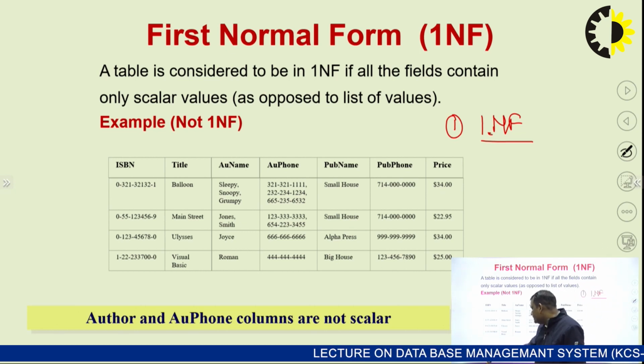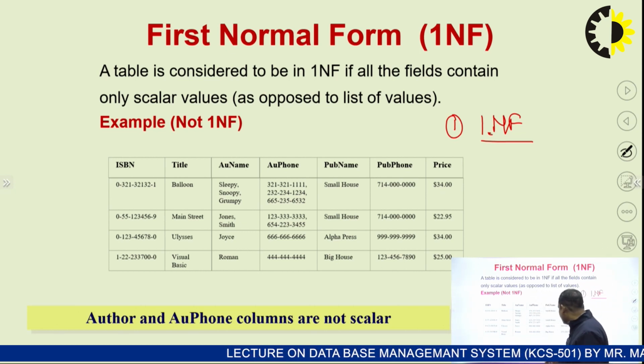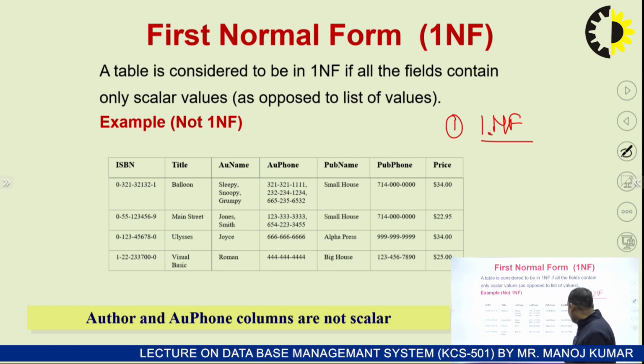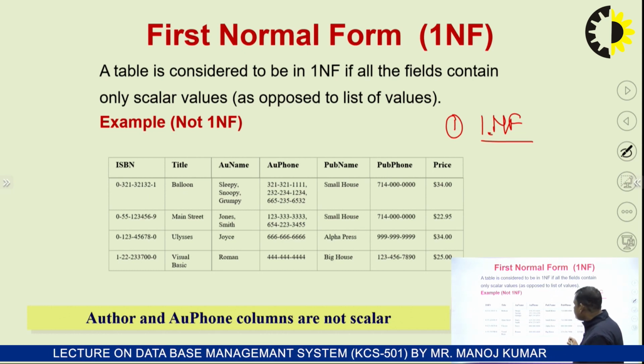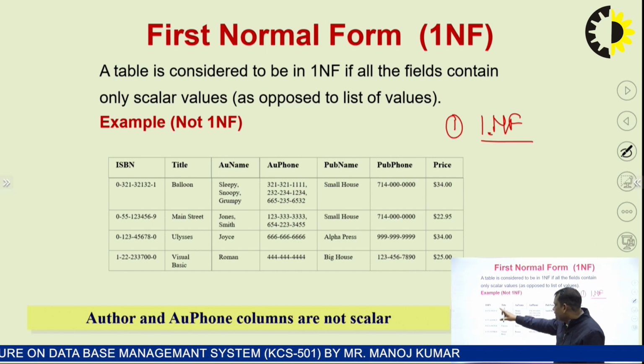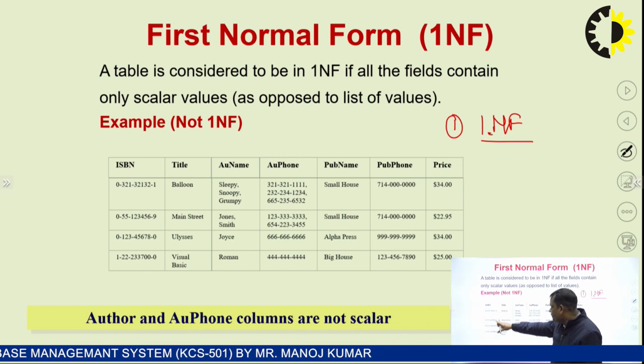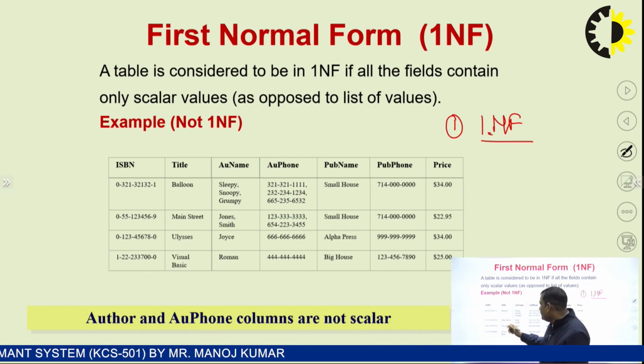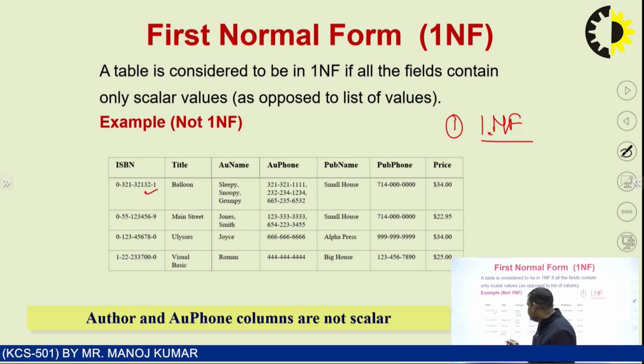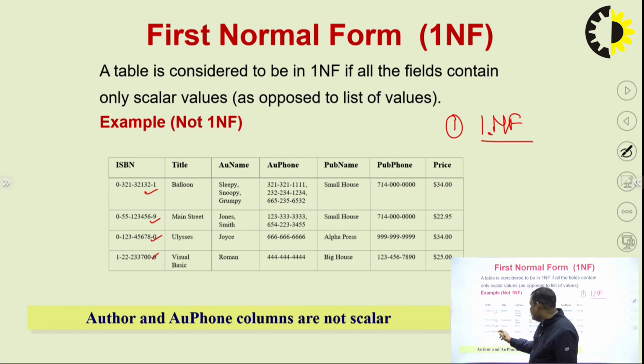The author and publisher columns are not scalar. The first column has a single atomic value, and this is first normal form.